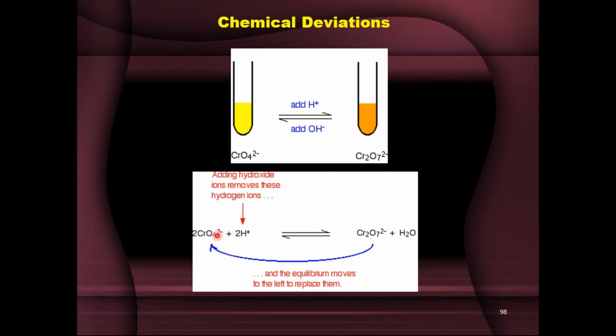And therefore, whatever chromate has been formed gets converted back to dichromate and your solution turns orange. So all the standards ideally should have the same color, yellow or orange. And you can do that by either adding hydroxide to get the yellow color or by adding HCl to get the orange color. And then we can avoid these chemical deviations.